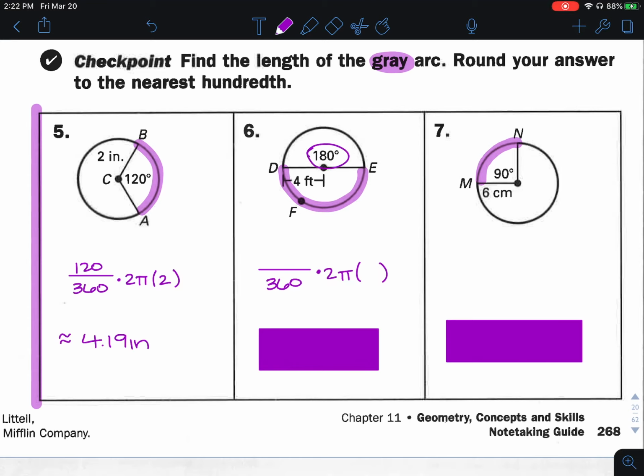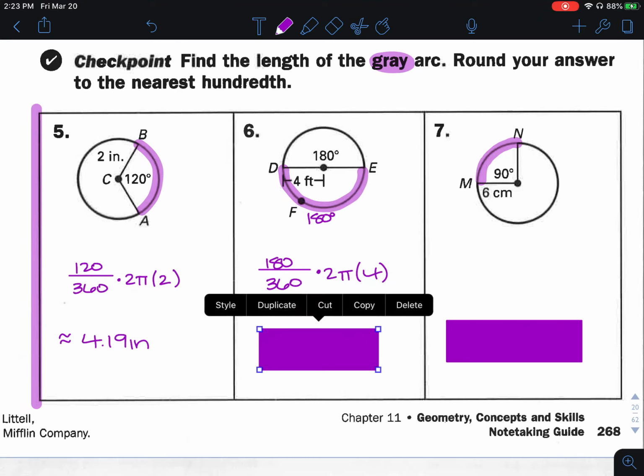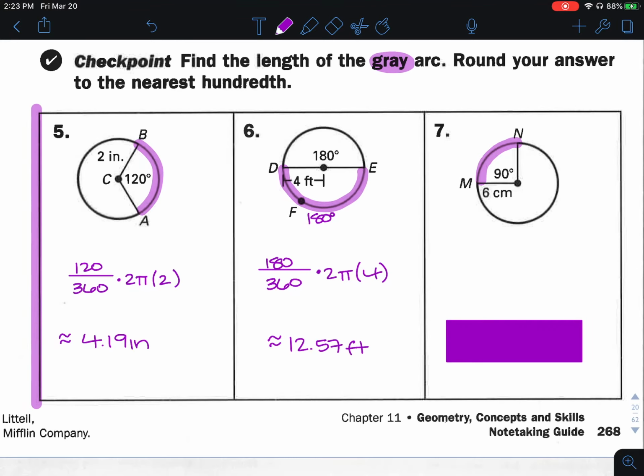Well, if an entire circle is 360, and I'm given the top part is 180, subtract that from 360, and I actually get this bottom part down here to be 180 as well. So this is 180 times 2 pi r. My r in this case is 4. So 180 divided by 360 times 2 pi 4. Plug it in, I should get 12.57 feet.